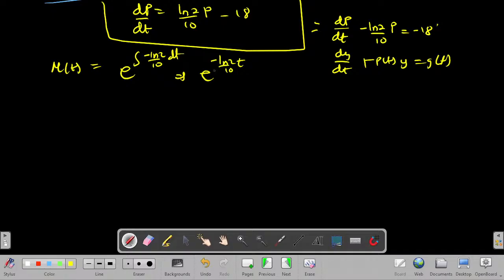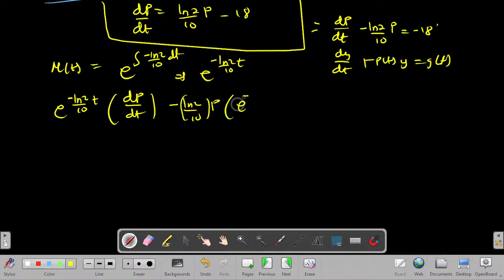Whenever you want to simplify your linear differential equation, remember that you multiply your equation through by your integrating factor. I'm going to have e to the power negative ln 2 over 10 multiplying t, all this times dp over dt, then minus ln 2 over 10 p multiplied by e to the power negative ln 2 over 10 t is equal to negative 18 multiplying e to the power negative ln 2 over 10 t.